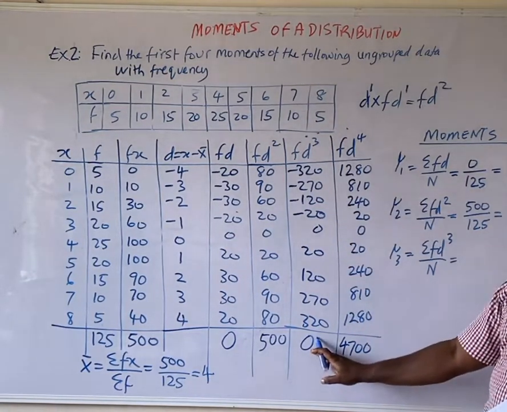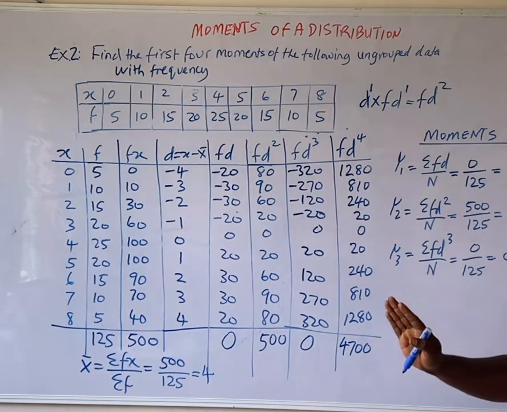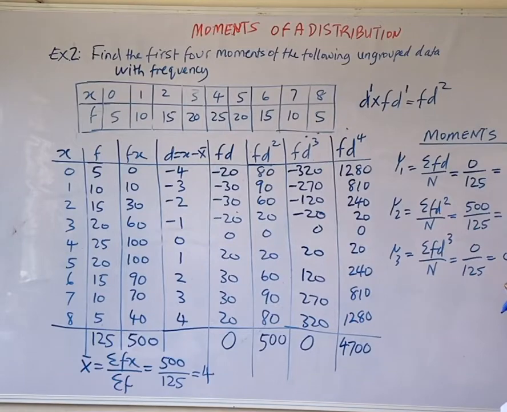We also have 0 here. We have 0 divided by 125, and the answer will be 0. This is a measure of the skewness of the distribution. It means that it's a very normal distribution. There's no negative skewness or positive skewness of the values in this distribution.